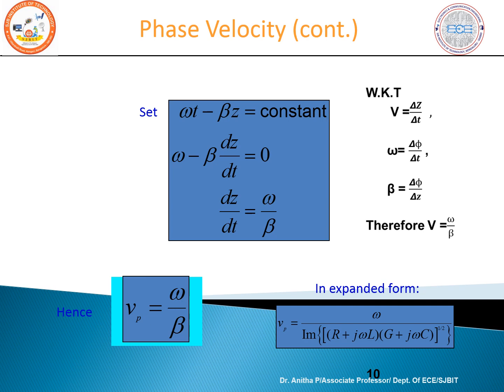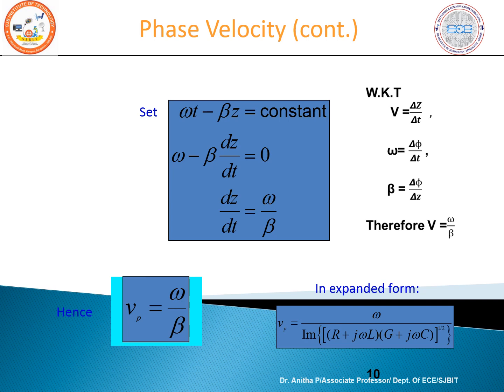So I differentiate this equation with respect to time, which gives you omega minus beta dz by dt. The constant's differentiation becomes 0, and dz by dt, which is nothing but velocity, I want to express. You can rewrite the expression which gives you omega by beta.